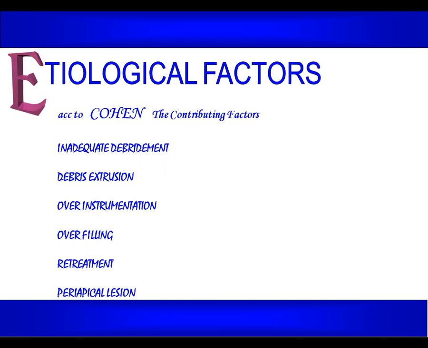Whenever there is a need for retreatment, in 99% of cases there is pus formation or an increased bacterial load in the canals. At that time, proper cleaning and shaping of the canal should be done, and a proper intracanal medicament is to be placed in the canal.